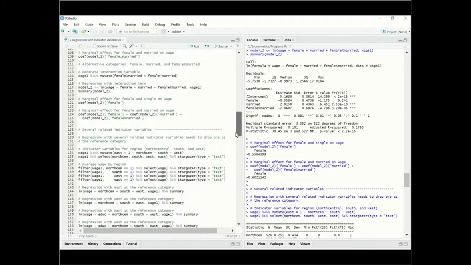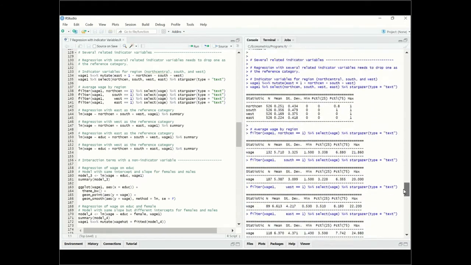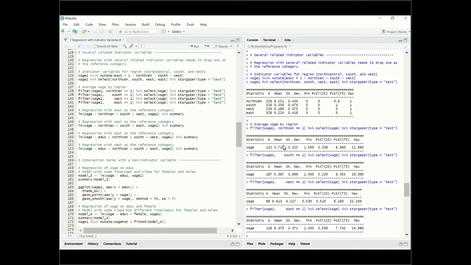Okay, moving on, let's talk about several related indicator variables and how we can use them in a regression model. If we have several related indicator variables, we also need to drop one as the reference category. Here, let's have variables for regions. We have the North Central, South, and West regions.